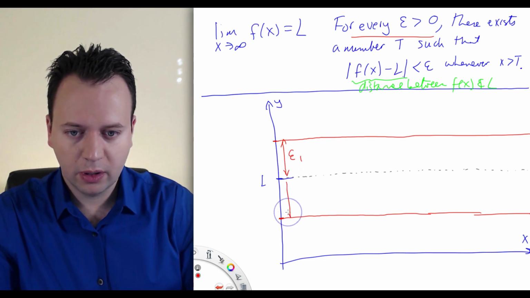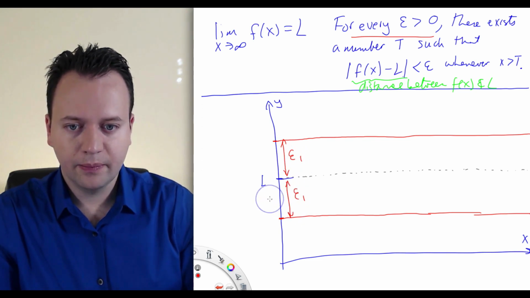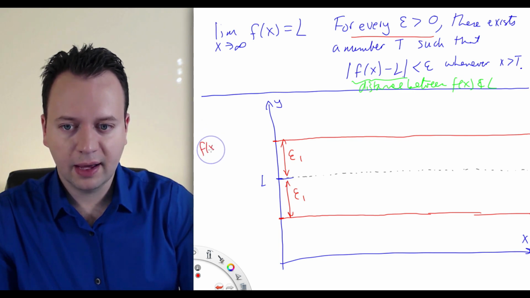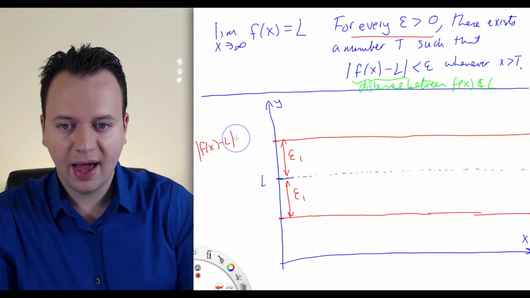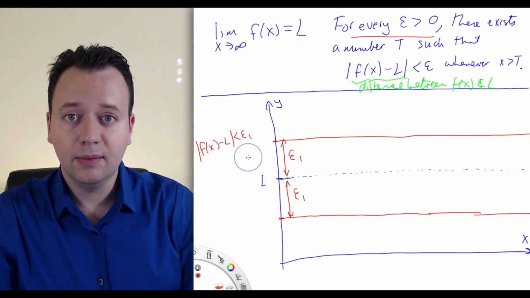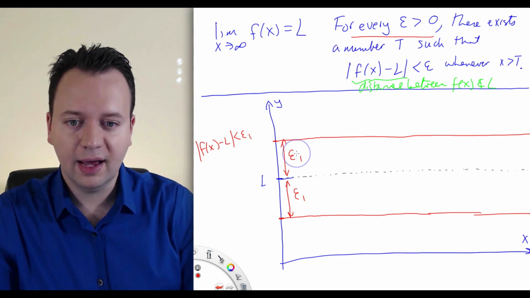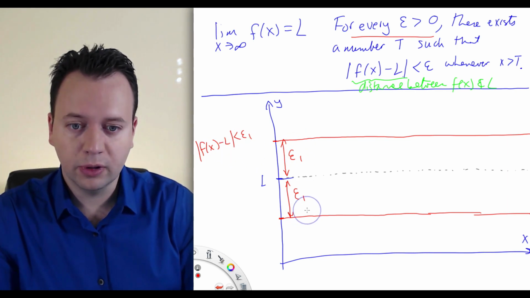So that's epsilon 1, epsilon 1. And if we say f of x minus L in absolute value is less than epsilon 1, it means that the output f of x has to be somewhere within this tube, right?